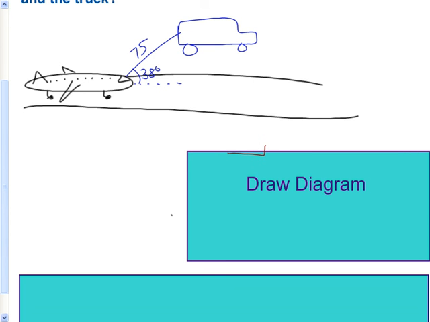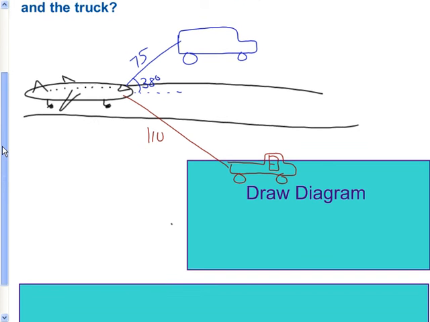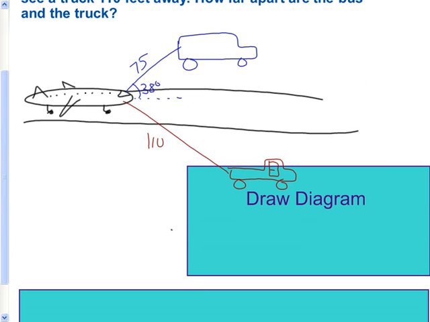So there's our truck. Our truck is 110 feet away, if I remember right. Let me check. Yep, 110. And it's 28 degrees this way. How far apart are those two? So let's call that x. Give it some sort of variable.